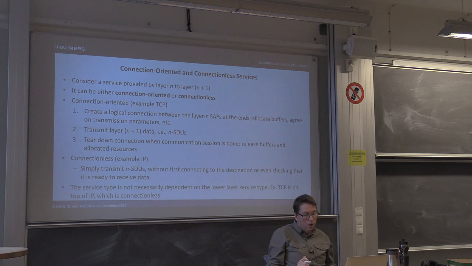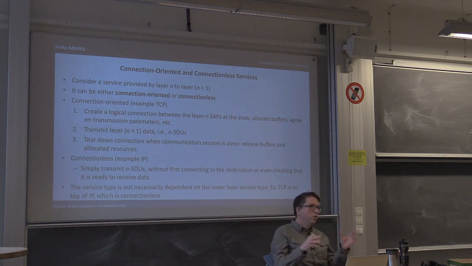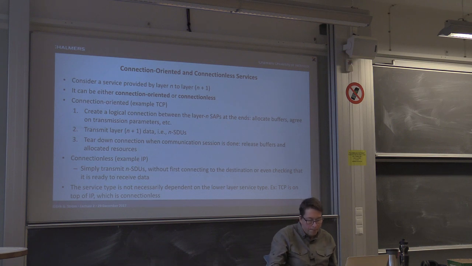Both are possible. One way to look at this also is that TCP is refining the service provided by IP to the application layer. Because sometimes you want connection-oriented services. Okay, questions?